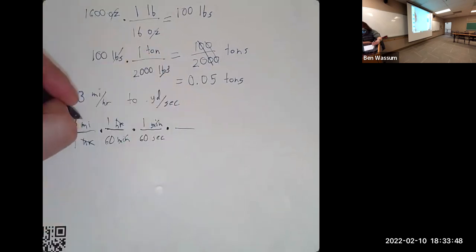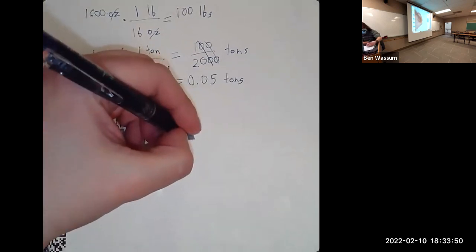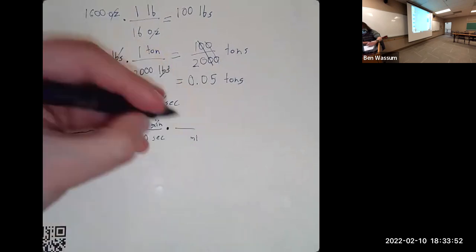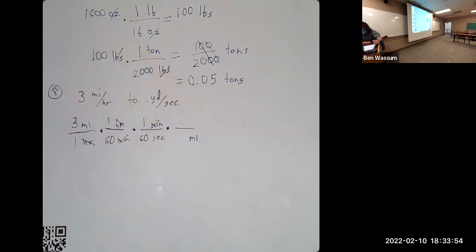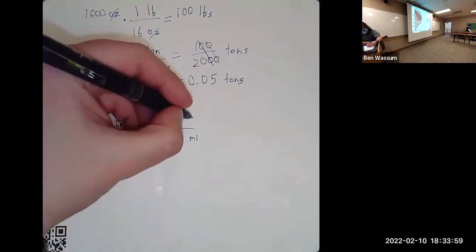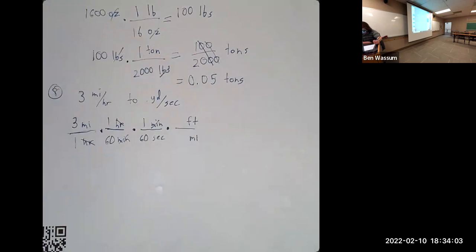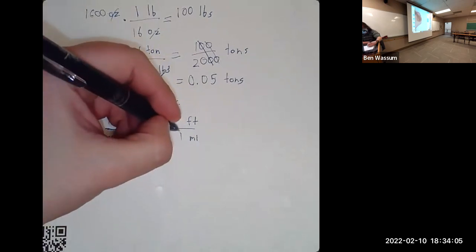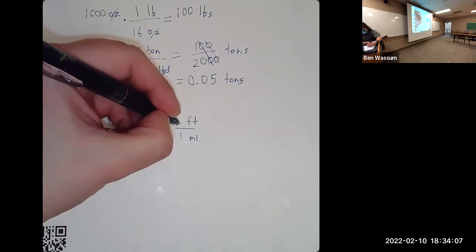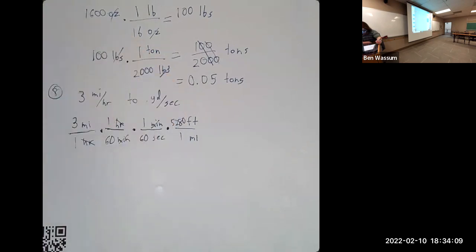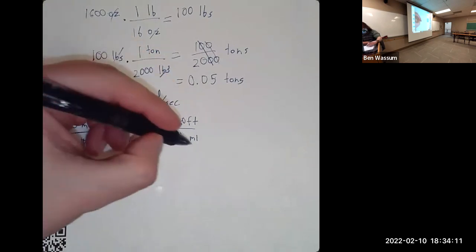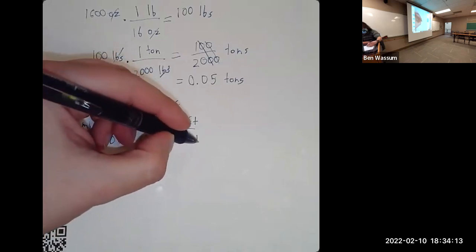I got miles on top, so miles is going to have to be on the bottom here. And then we're going to go to feet. Now I know 1 mile is 5,280 feet. So the miles would cancel.